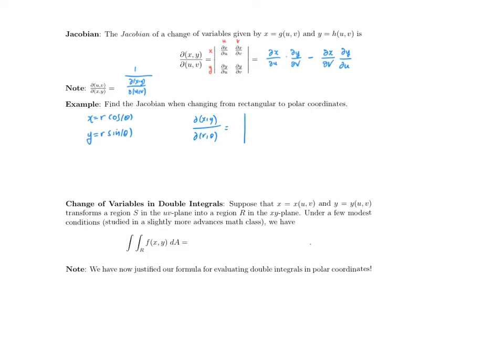And I'm going to just write out the 2 by 2 determinant in terms of partials. So we would have partial x, partial r. So I'm taking the first variable in the top, and we'll calculate the partials with r and theta across that first row. So partial x, partial theta. And then the second row, we use that second variable in the top, y.